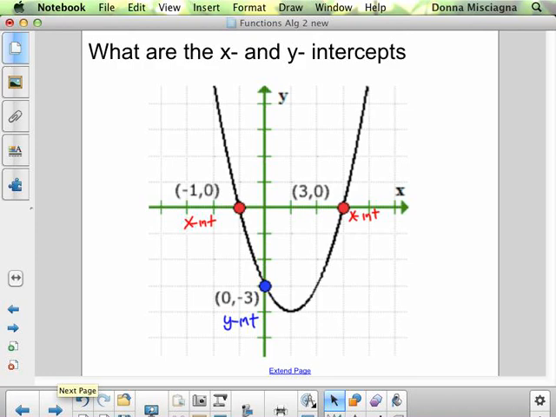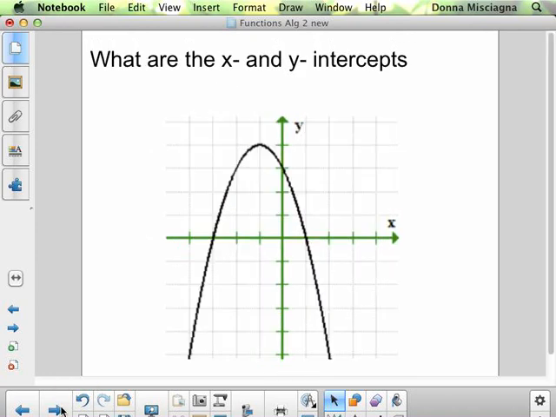This one's in the notes. There again are two x-intercepts and one y-intercept. Here is one of the x-intercepts; it's where the graph crosses the x-axis. The point is (-3, 0). There's another x-intercept here because the parabola is going to cross the x-axis twice.